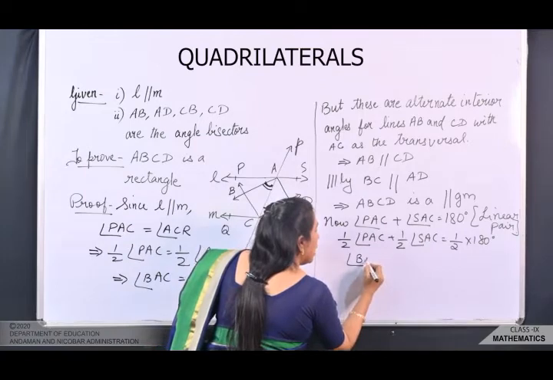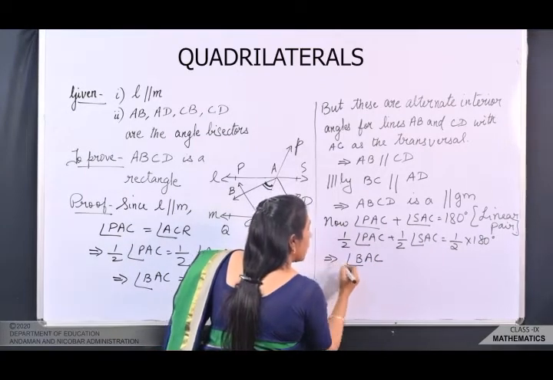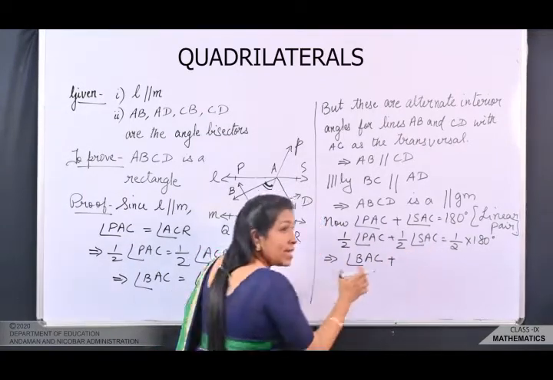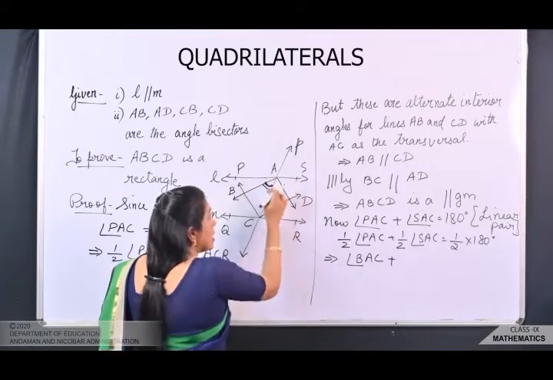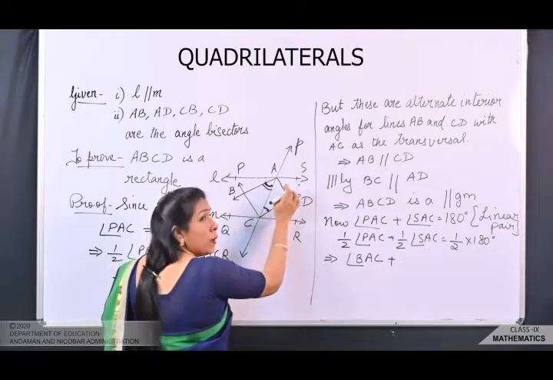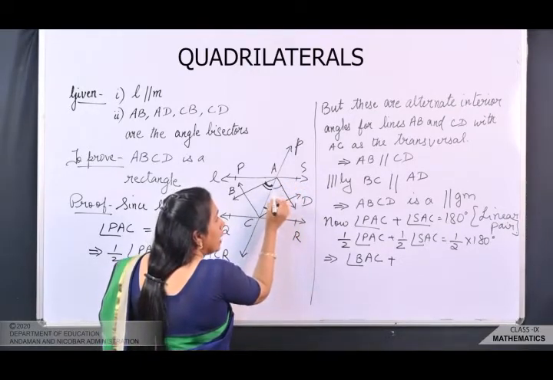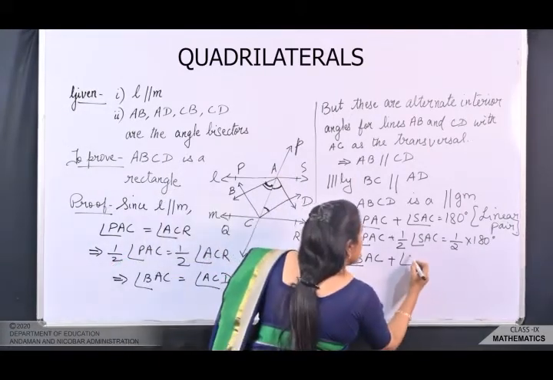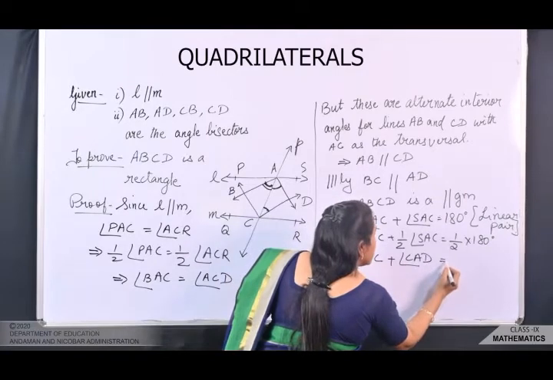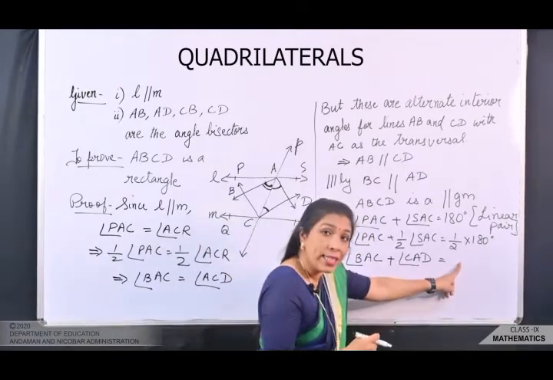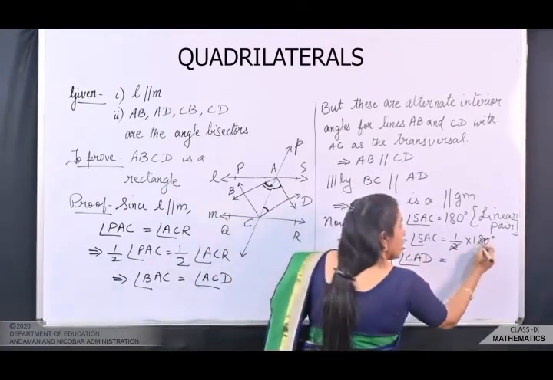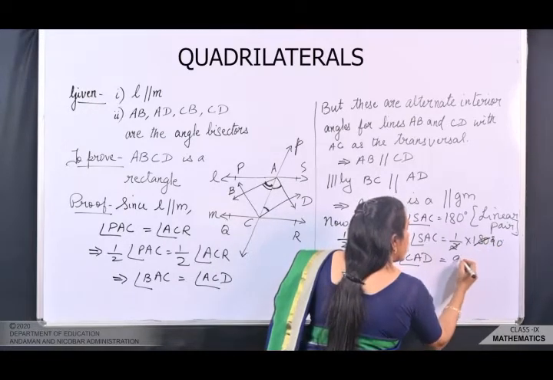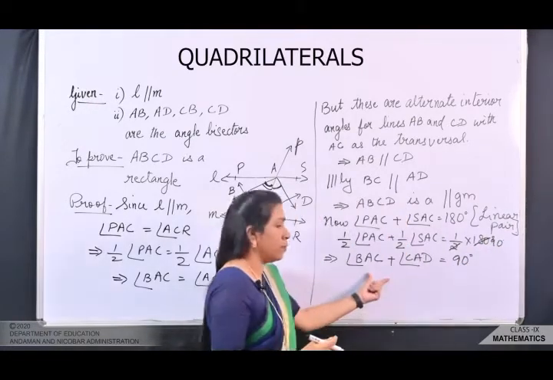Angle BAC plus half of SAC की जगह पर, ये आपका SAC है, ये पूरा, ये दोनों आपस में equal है, तो हम ले लेंगे this, that is CAD. CAD is equal to half of 180 degree is, when you cancel it, you are getting 90. So here it is 90 degree.